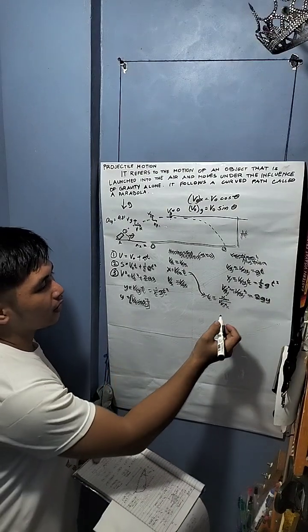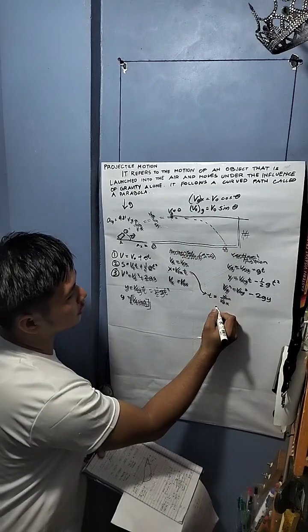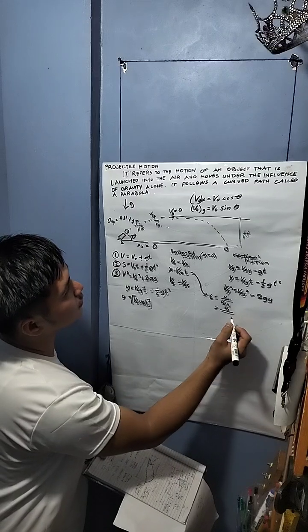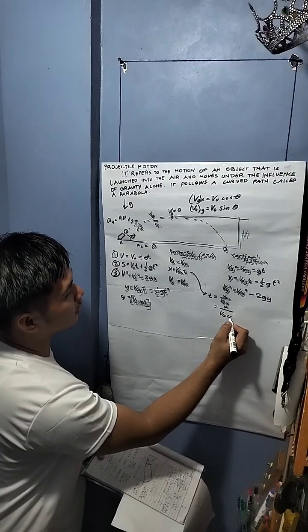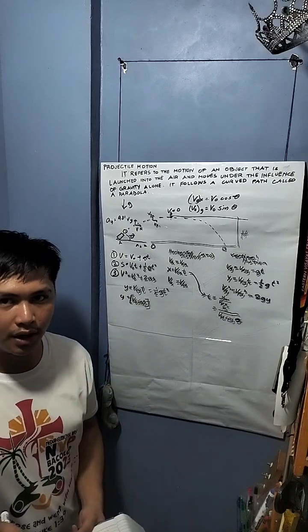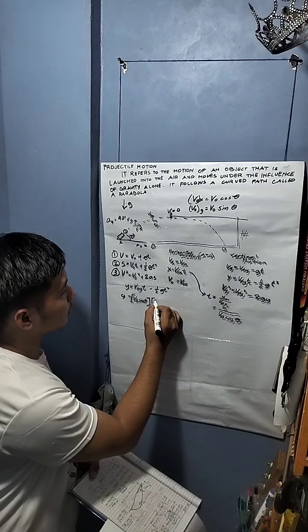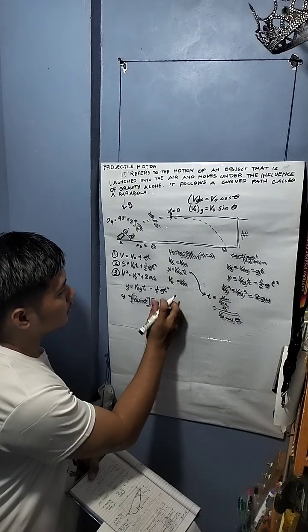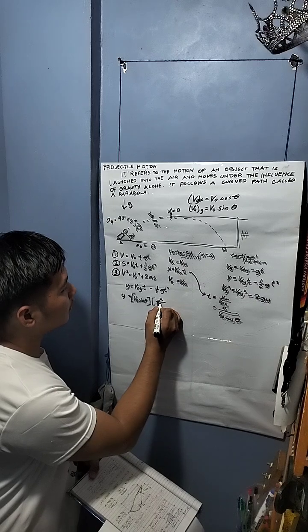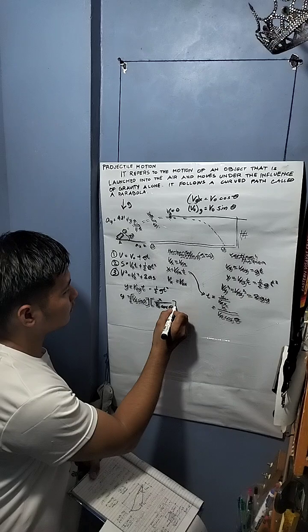And V naught x is actually V naught cosine theta, meaning time equals x over V naught cos theta.